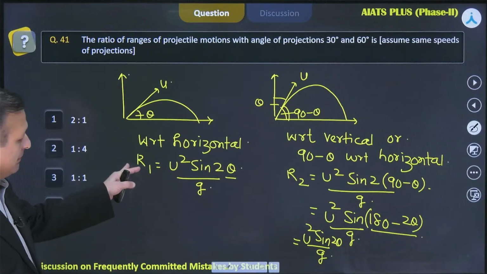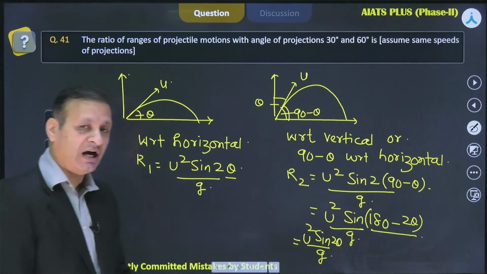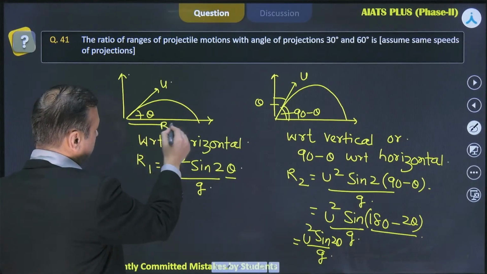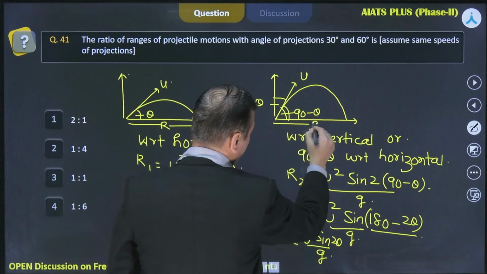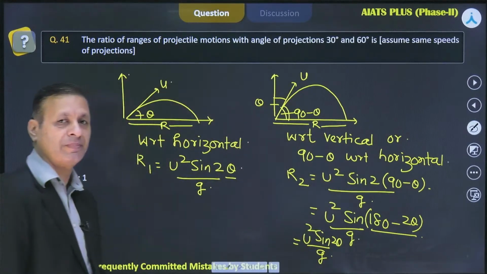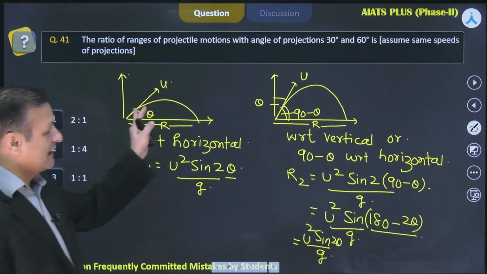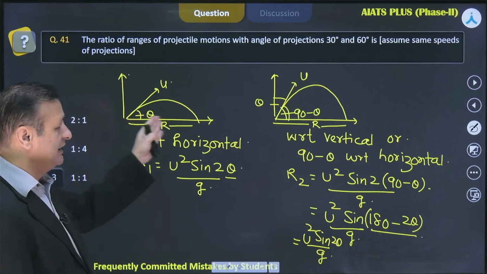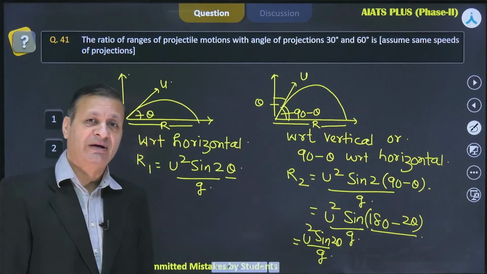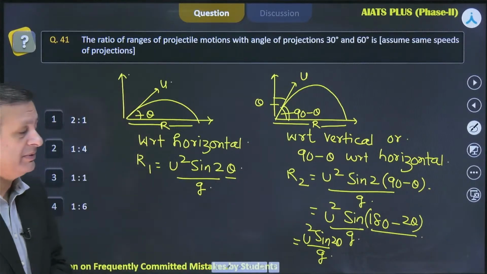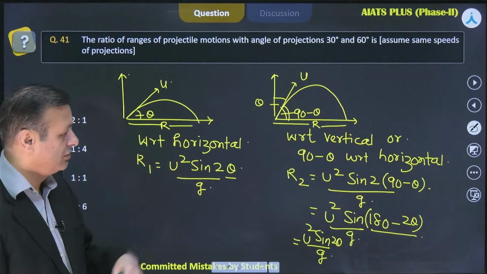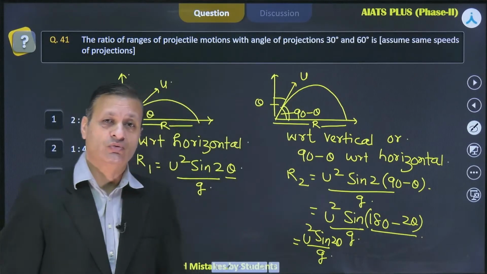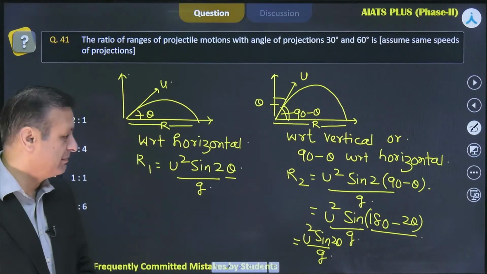So now when you compare this R1 with this R2, what do you observe? For two different angles, these two ranges come out to be same. It means, can we understand it? This is for the complementary angles. If one is theta, the other angle is 90 minus theta. So for these two complementary angles, the ranges for these two projectiles projected with the same speed u is same.